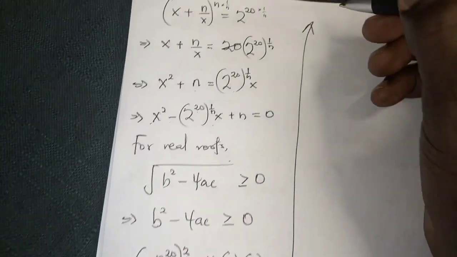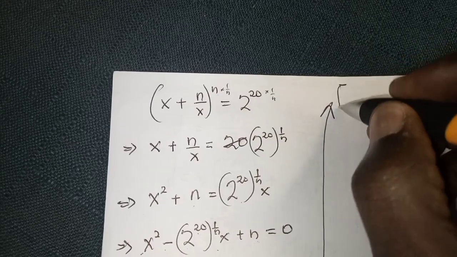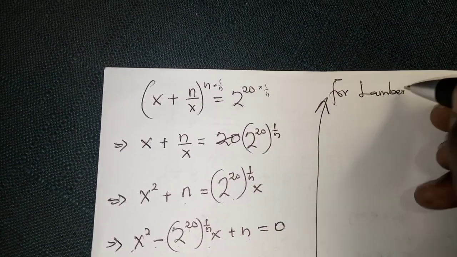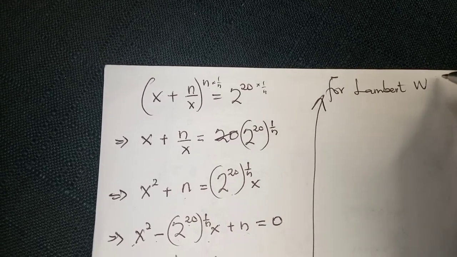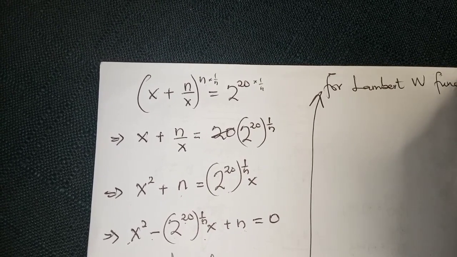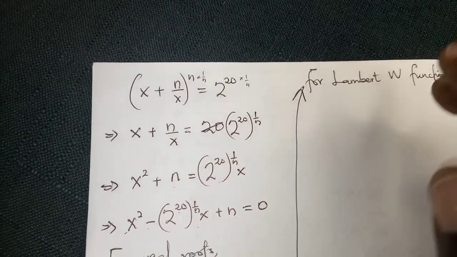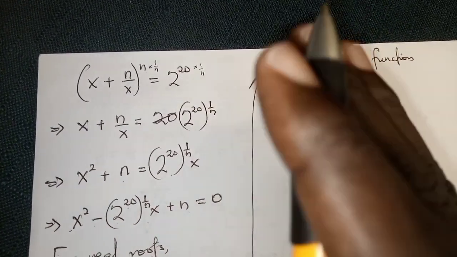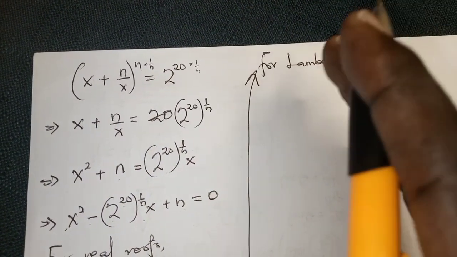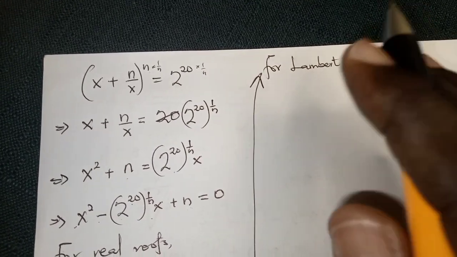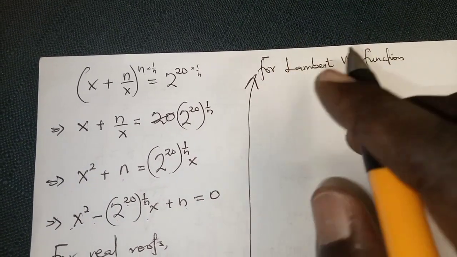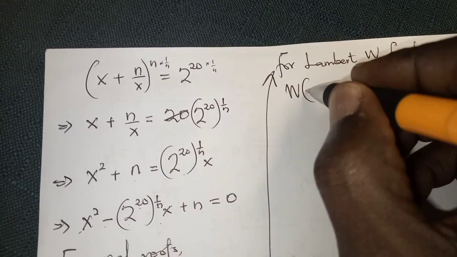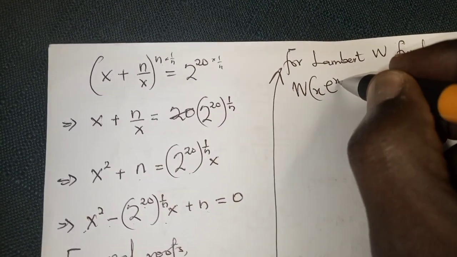A Lambert W function is a product log, the product of logs. So that is what we call the Lambert W function. For every Lambert W function, you have W of x e exponent x.